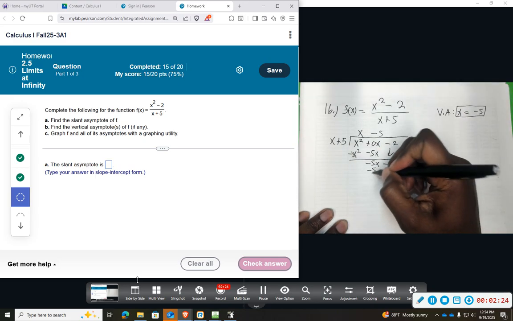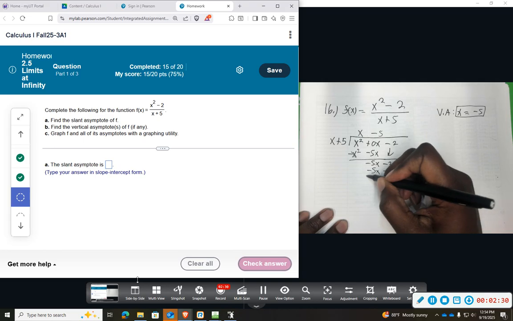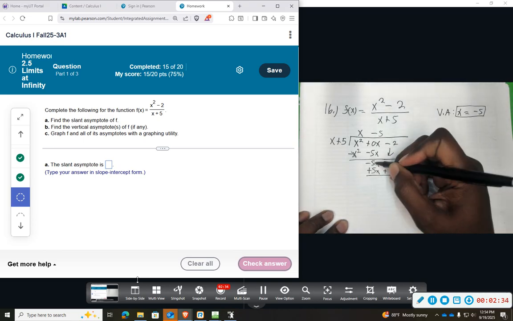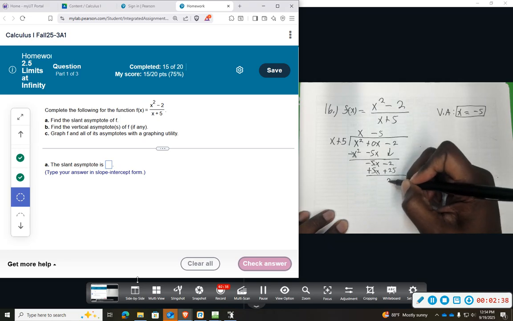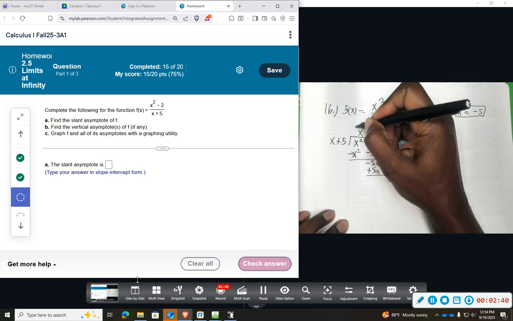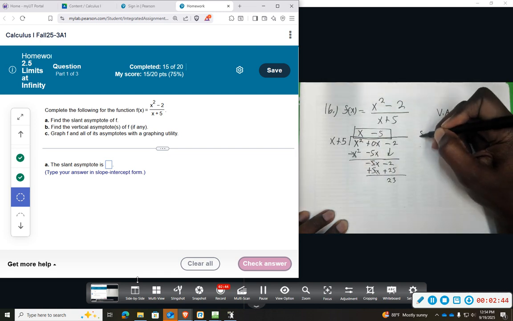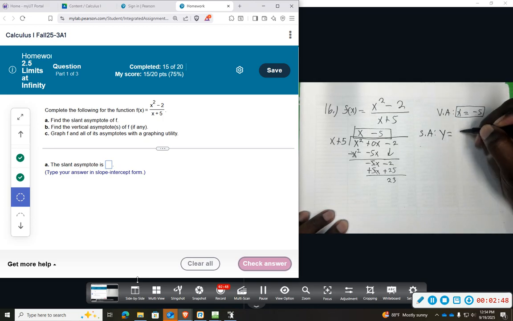If you want to keep going, you can. A negative 5x times 5 gives us negative 25, and then you change the signs, so that cancels out, and you'll have a remainder of a positive 23. But the quotient is the part that we need for our slant asymptote. Our slant asymptote is y equals x minus 5.